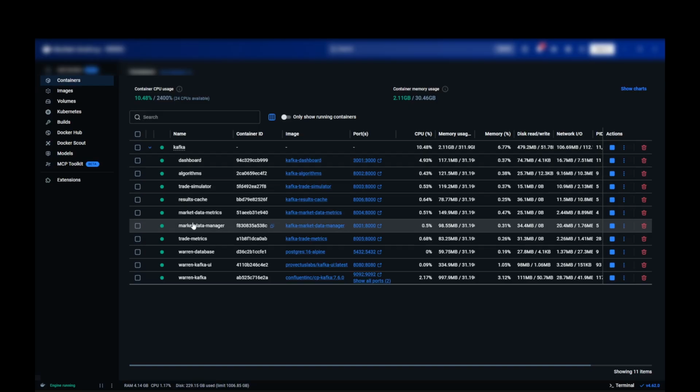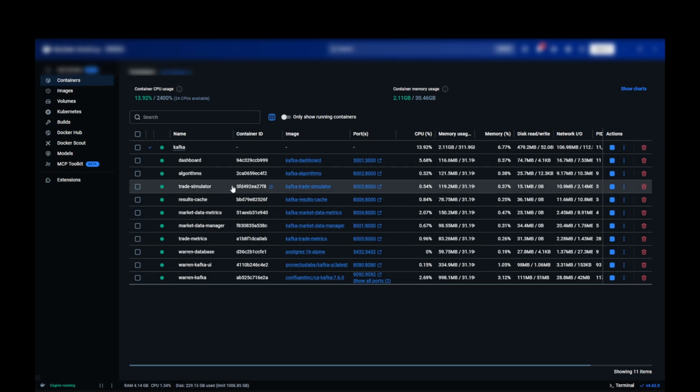When the dashboard publishes a backtest request to Kafka, the market data manager then goes and fetches the data, and then it publishes the data to Kafka. The market data metrics service says, well, I'm interested in market data because I want to run metrics on it. So it waits for the market data manager to publish market data to Kafka, and it does its thing.